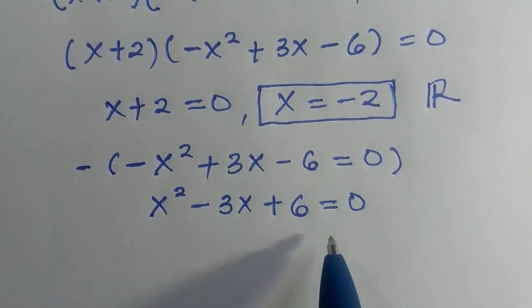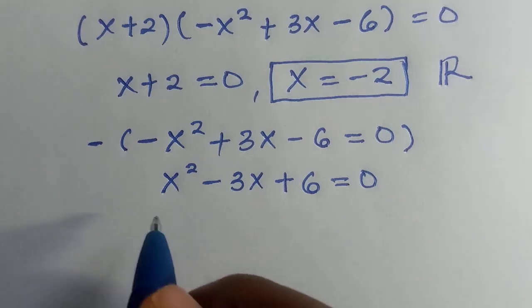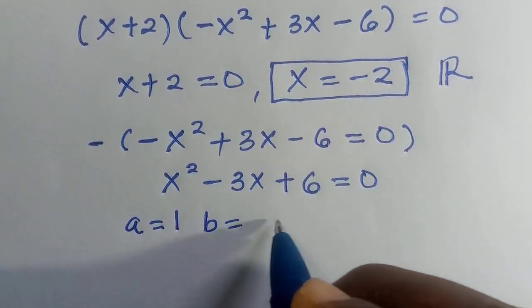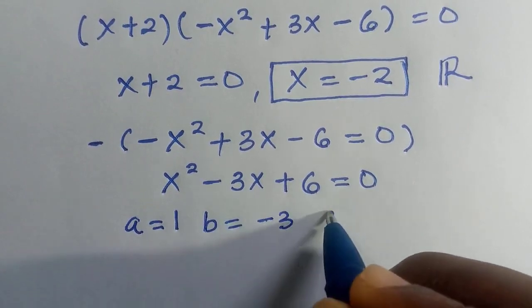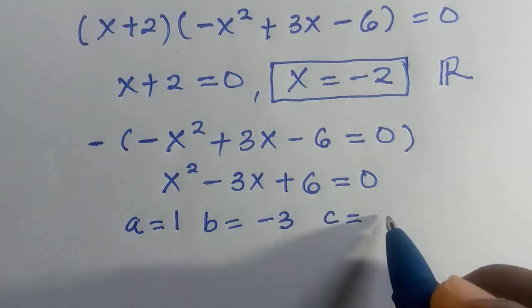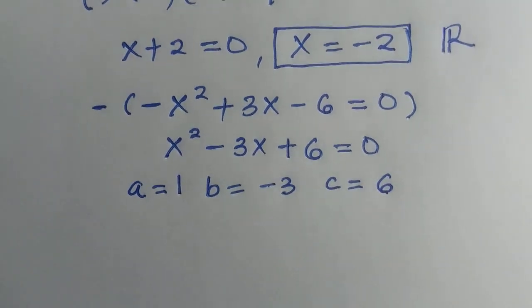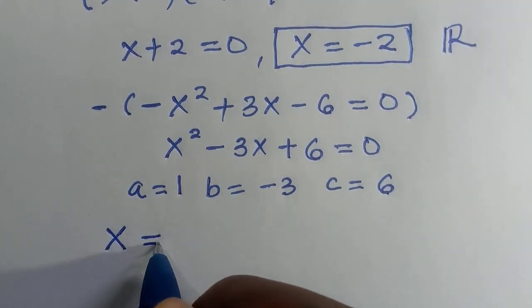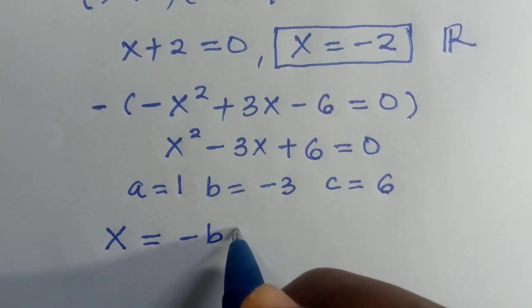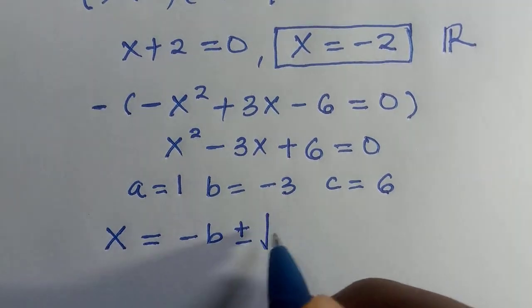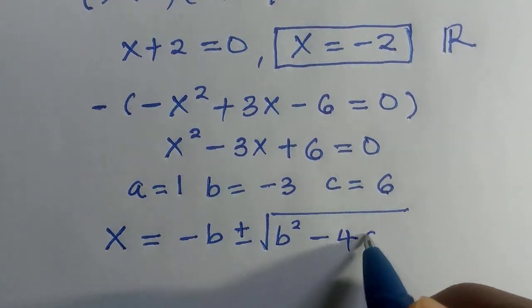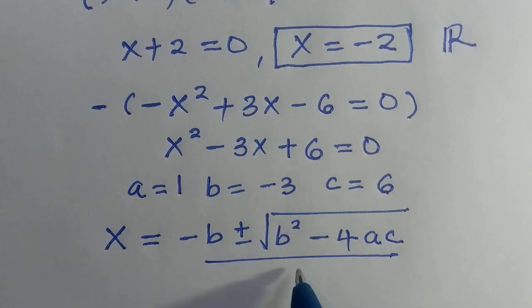Next, here is a quadratic equation where we have a equals 1, b equals minus 3, and we have c equals 6. All right, so we try to plug it in this equation, which is x equals minus b plus or minus the square root of b squared minus 4ac divided by 2a.